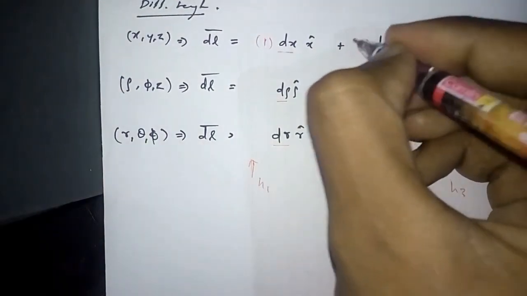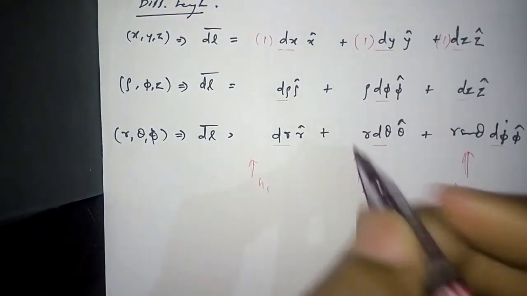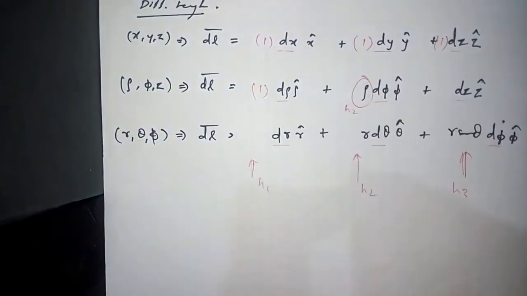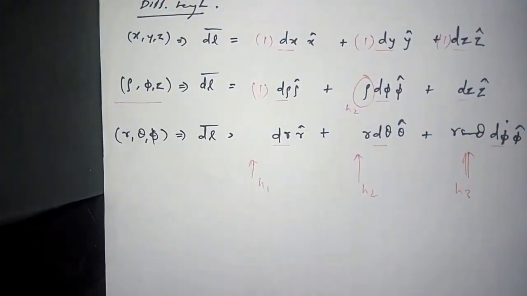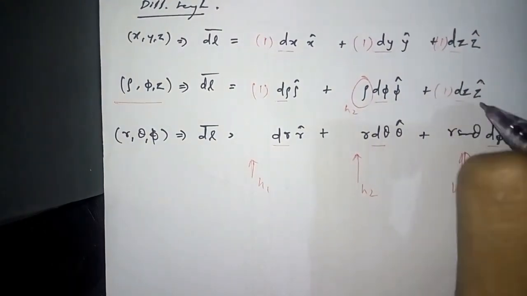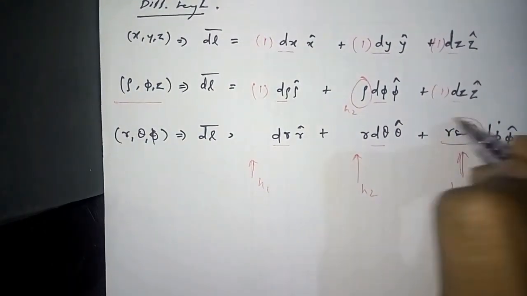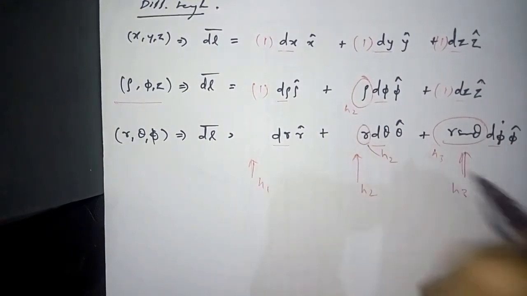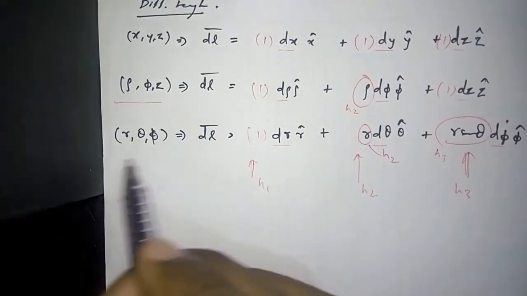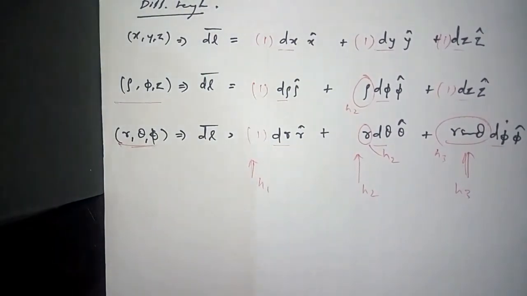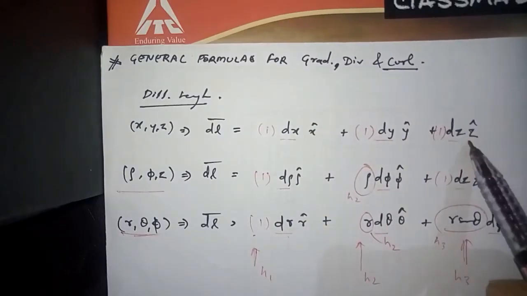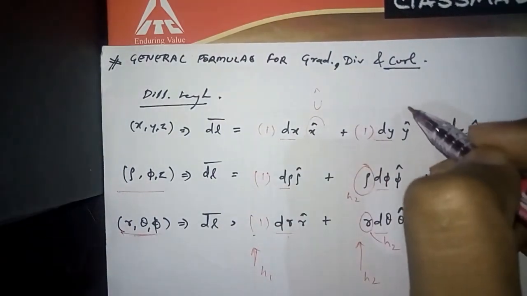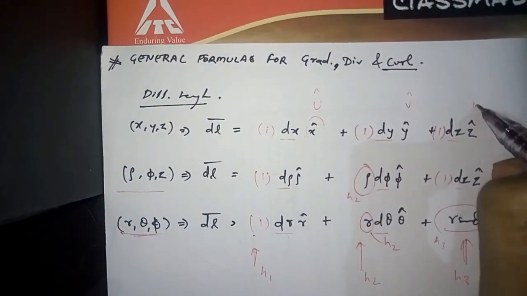So here h2 is 1, h3 is 1, this is the h2 in cylindrical coordinate system, this is h3. This is h2 and 1 h1 in spherical coordinate systems, and these directions we will call u cap, v cap, and w cap.